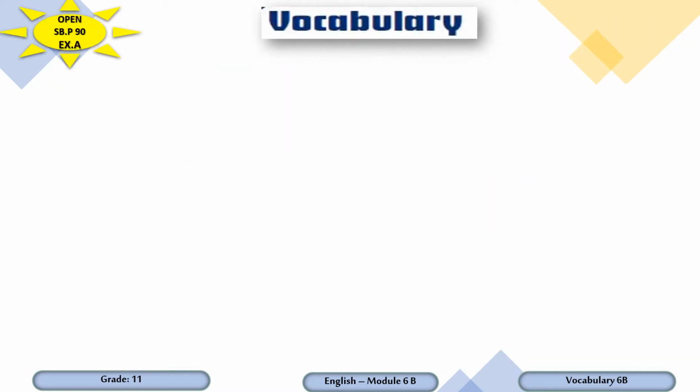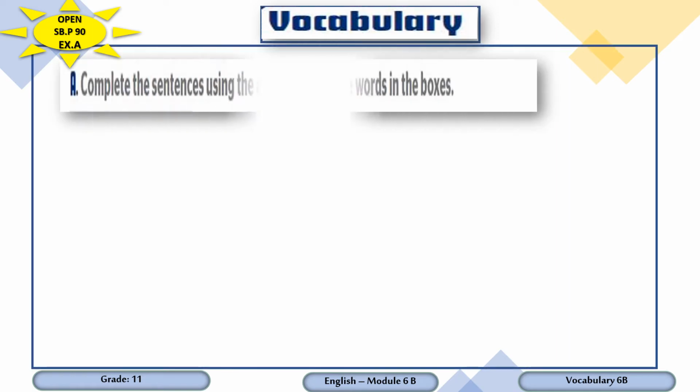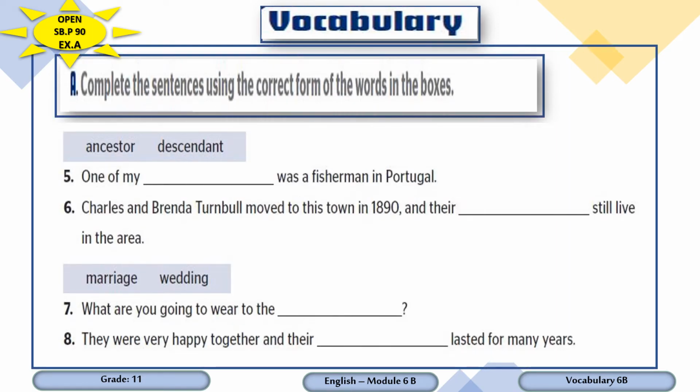Dear students who are still on exercise A, Student's Book page 90. Here we have 4 sentences from sentence number 5 till sentence number 8, and we have 4 words: ancestor, descendant, marriage, and wedding.